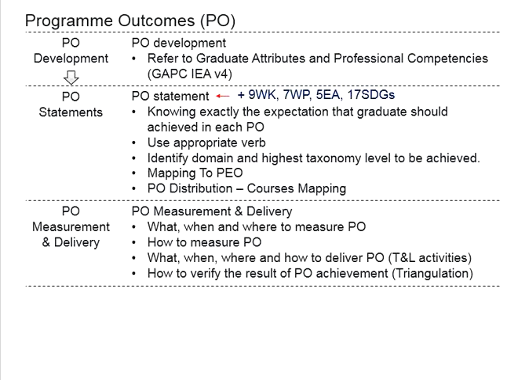And then if you study the GAPC documents, there will be knowledge and attitude profiles, complex problem solving, complex engineering activities, and sustainable development goals to be incorporated within the PO statements. What does this imply?